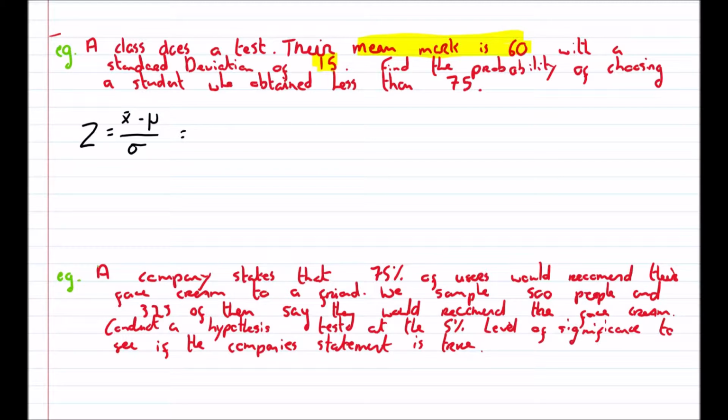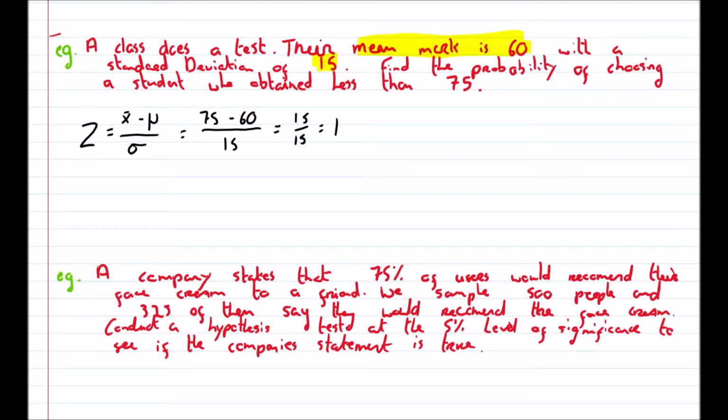So our mark is 75. They say the mean mark is 60, sorry. And the standard deviation then is 15. So that is 75 minus 60, which is 15 over 15, which is just one straight.